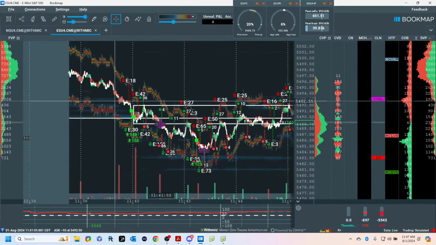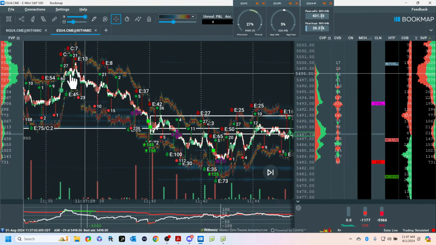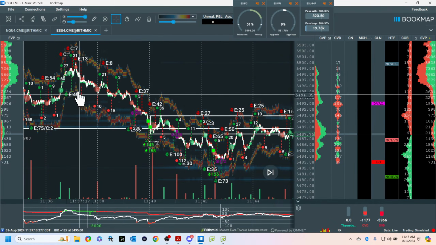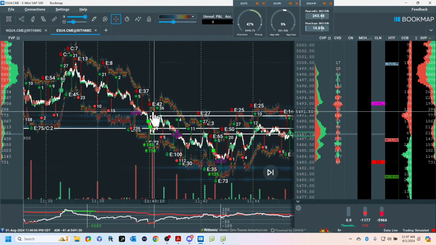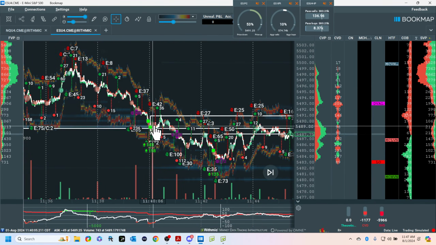Now, the way to think about this, and when I trade this, I'm looking at these levels like this high volume, and then up here, this high volume, then here, this volume right there. You see it there? So this structure right here is your resistance because we had our sellers here.